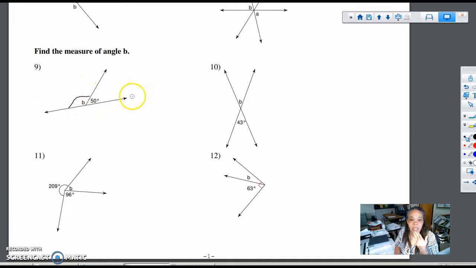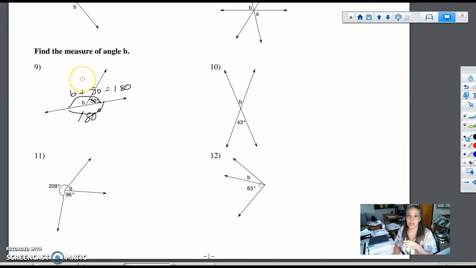We have a straight line, and a straight line measures 180 degrees for the whole thing. If the whole thing is 180 degrees and we know this piece right here is 50, then angle B plus 50 must equal 180.